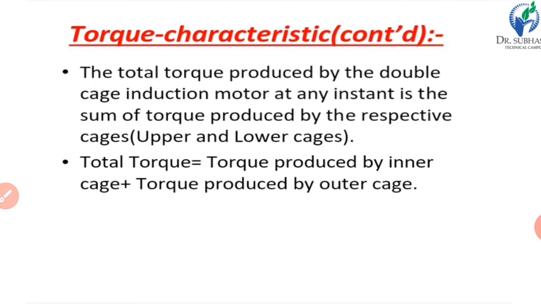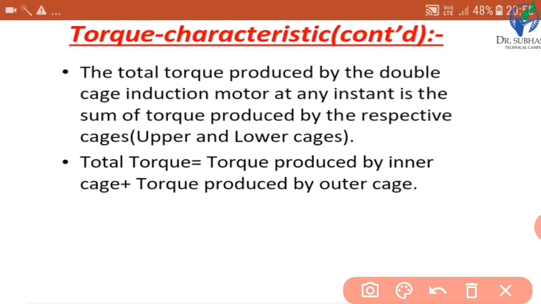The total torque produced by the double cage induction motor at any instant is the sum of the torque produced by the respective cages, it means upper and lower cages. So torque is more in case of a double cage rotor. The reason is that the torque produced is the sum of their respective cages.